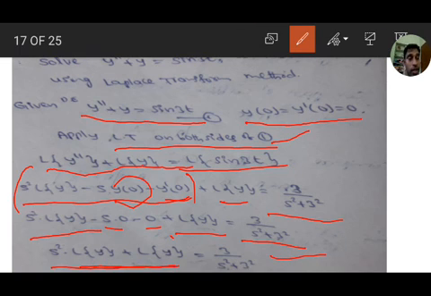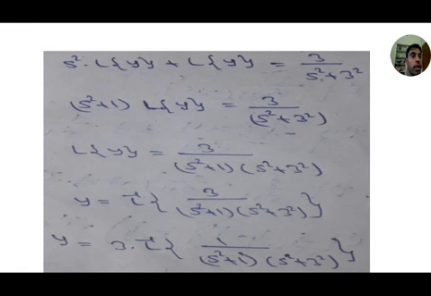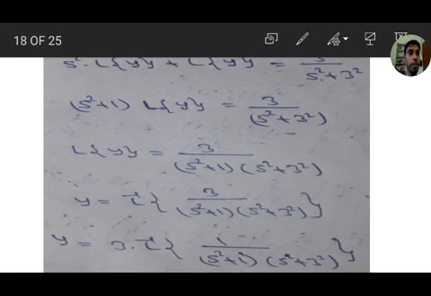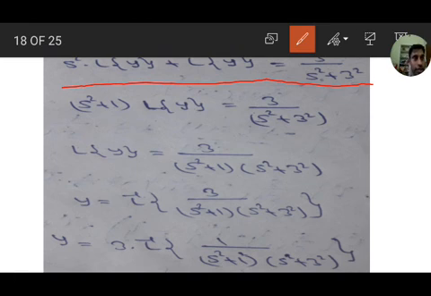Here L of y is common. We get s square plus 1 into L of y equal to 3 by s square plus 3 square.